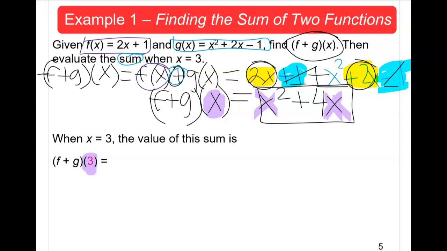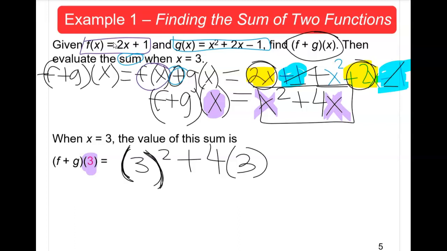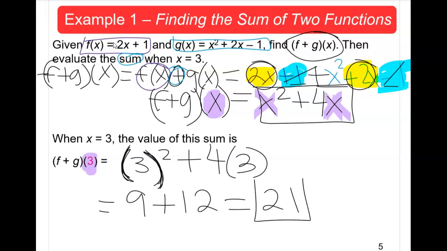So we will have 3 squared plus 4 times 3. Using parentheses is not really needed here, but it's good practice. When you substitute a negative number, you use parentheses around it. So 3 squared is 9. 4 times 3 is 12. And so 9 plus 12 is 21. And that will be the function value.